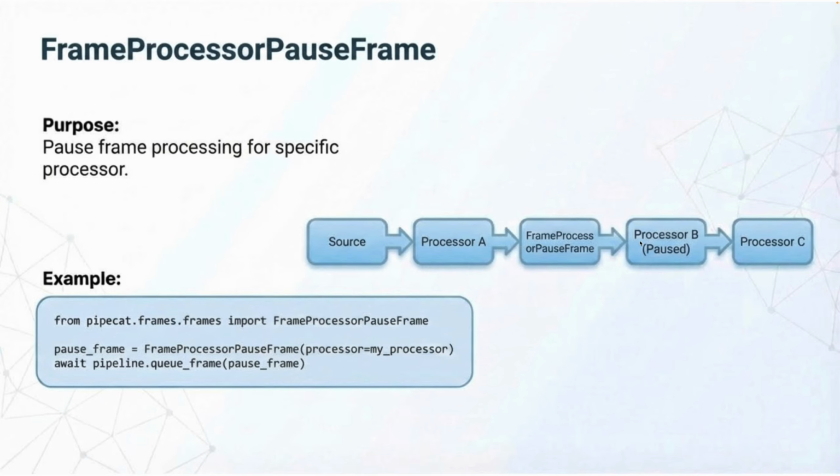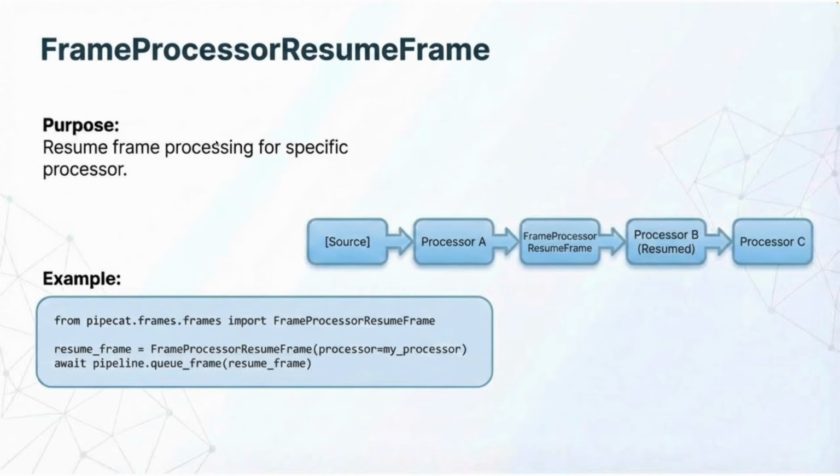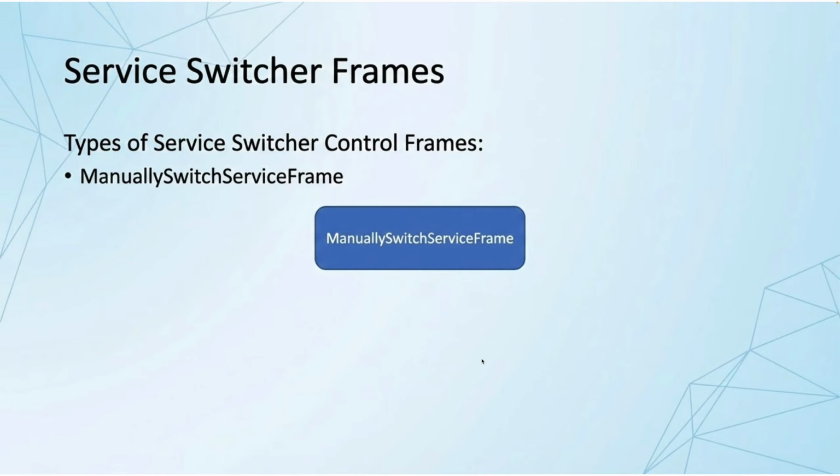So if we use this, then the next processor is paused, and then it goes to the next processor. And resuming is for resuming it. So this is how these process frames work.